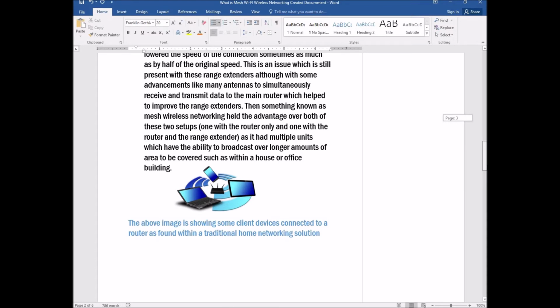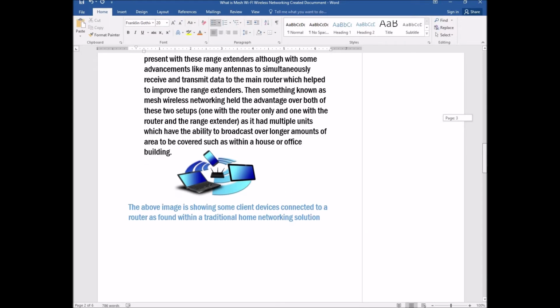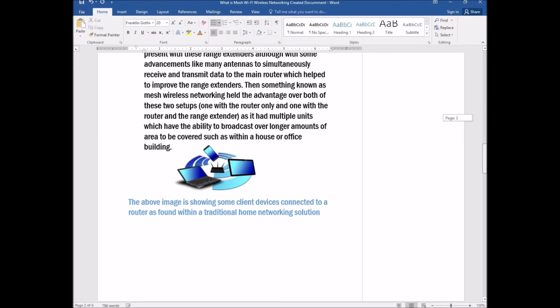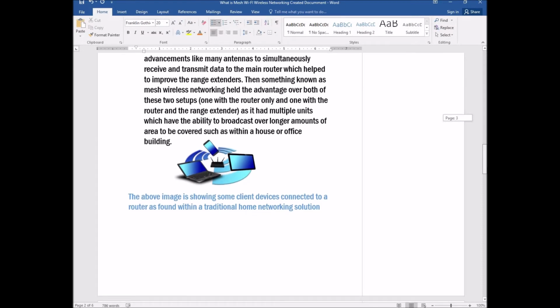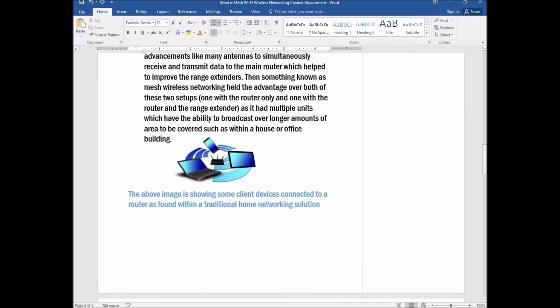This is still an issue present within range extenders, although with some advancements in technology, such as many antennas to simultaneously receive and transmit data, the range of them improved, because they were able to simultaneously transmit and receive from the router to the range extender, and that was a strength compared to a regular setup.